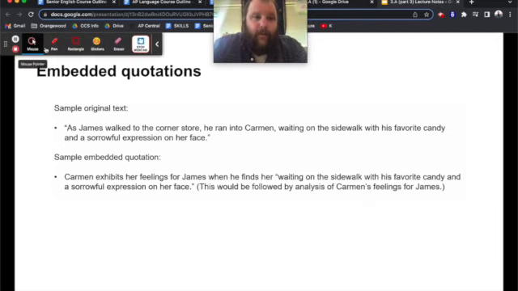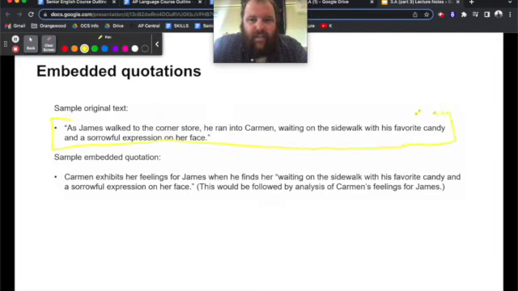The key here is that we want to avoid taking this sentence and just using it word for word in our paper.